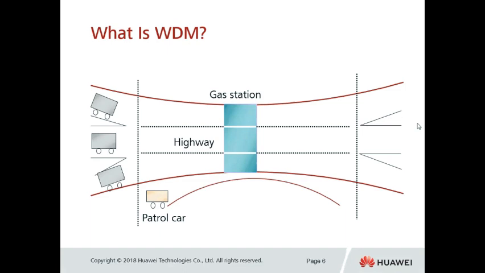Okay, the highway is the fiber between two stations. Okay, and the gas station, you can consider it as a regenerator station. Okay, and the proto car is kind of like a supervisory channel. So let's see what happens in this flash.